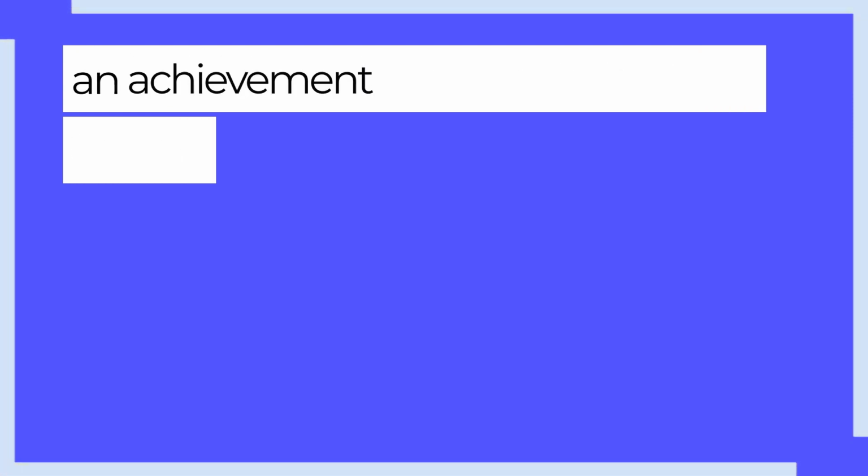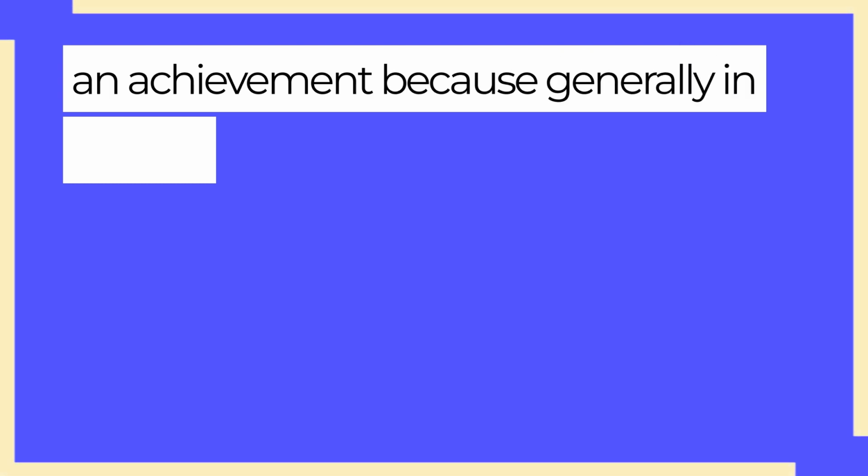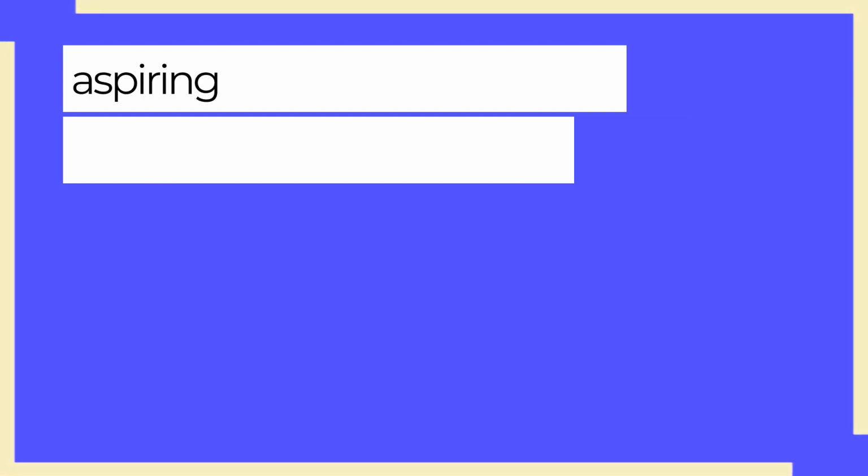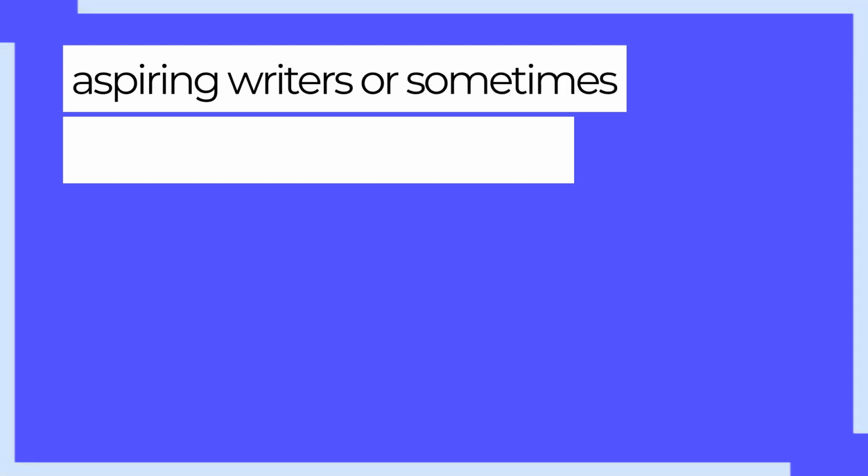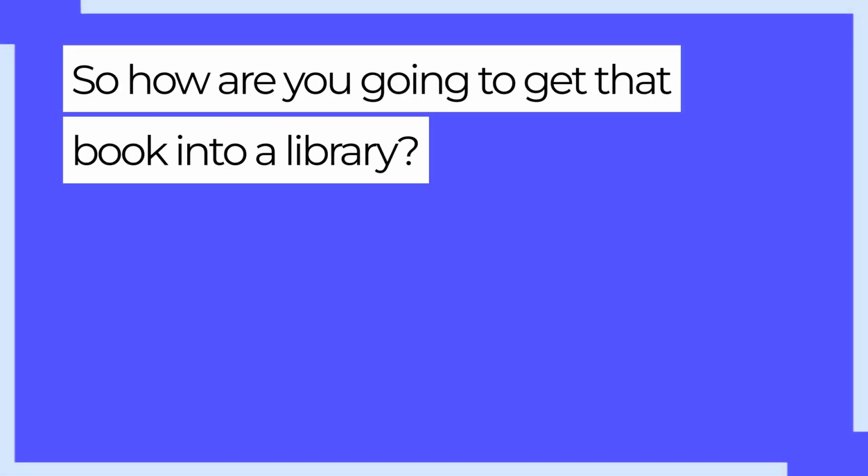Now, for a self-published book, that's quite an achievement, because generally in the UK, self-published books are frowned upon because you have aspiring writers or sometimes established writers who no one checks what you've written. So how are you going to get that book into a library?